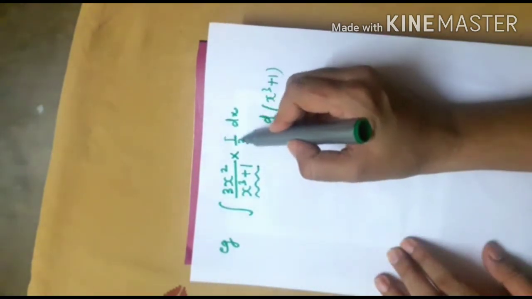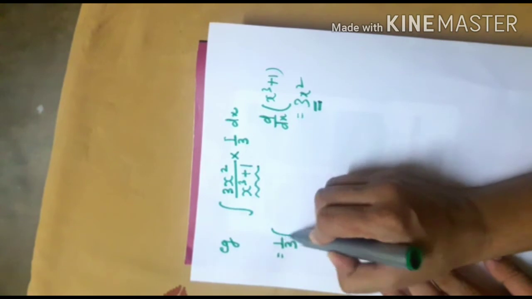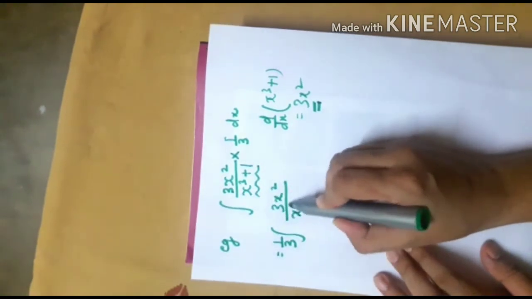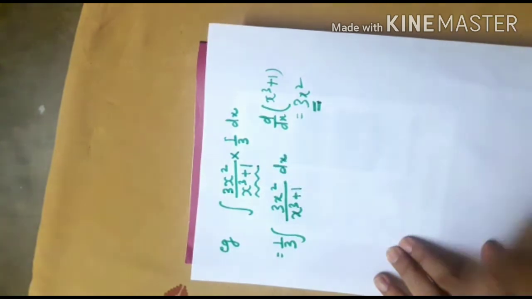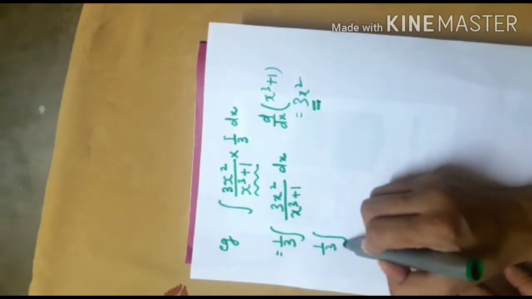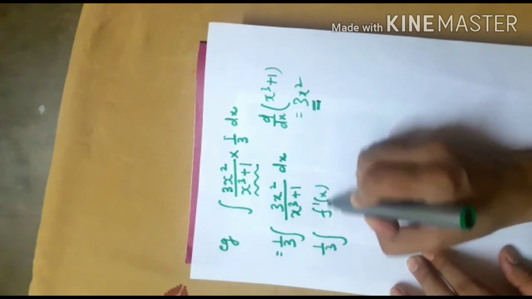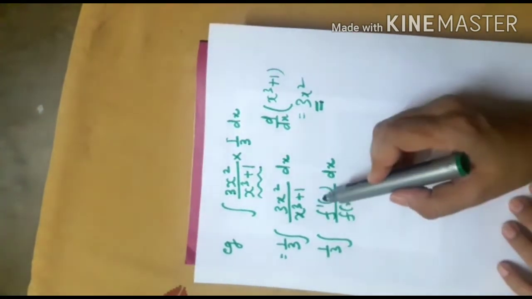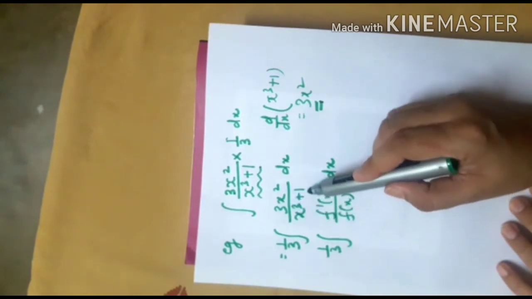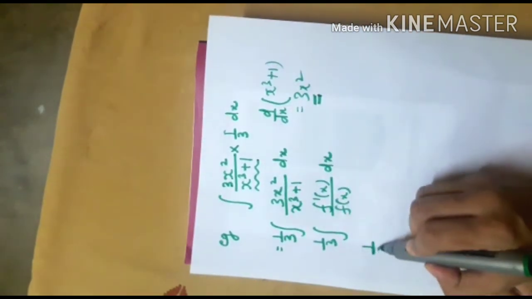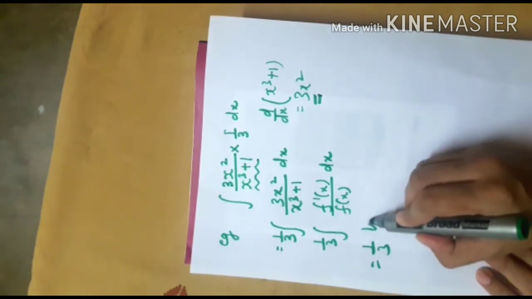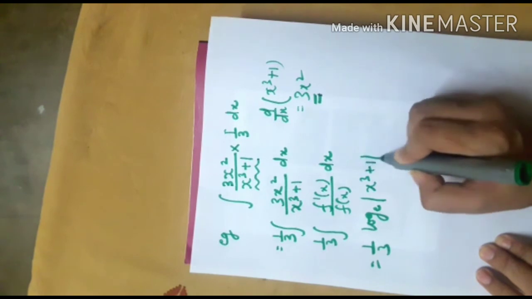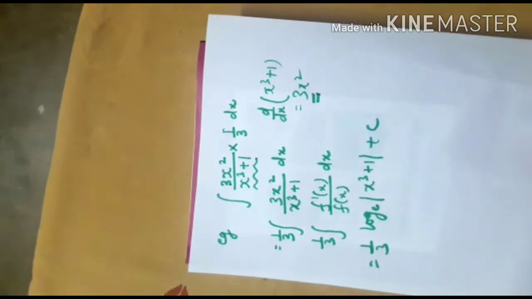Right? Now this 1 by 3 can be taken out. So it is 1 by 3 integral 3x square over x cube plus 1 dx. Now this integral is of the form f dash x over f x dx. The numerator is the exact derivative of the denominator. So the integral will be log of the denominator, that is log of x cube plus 1 plus c.